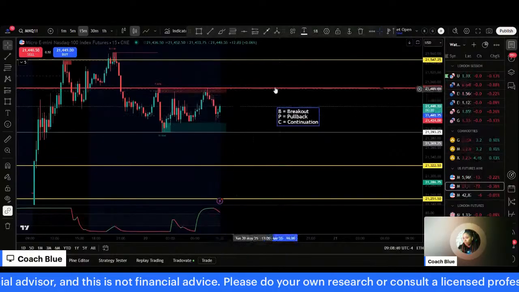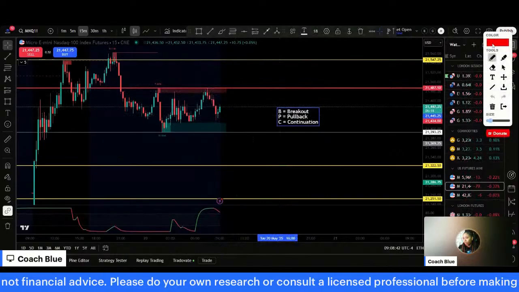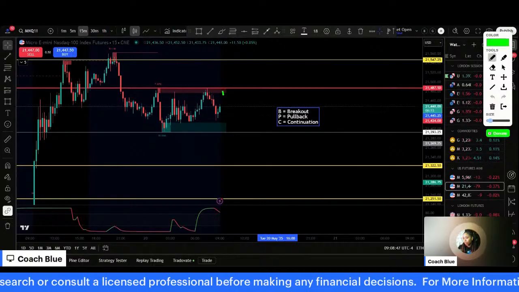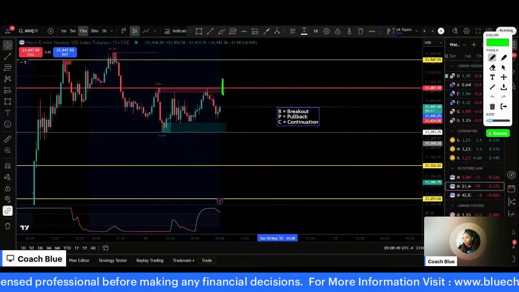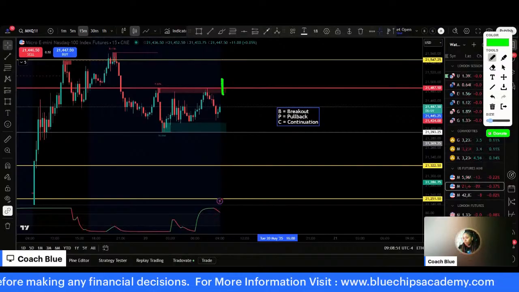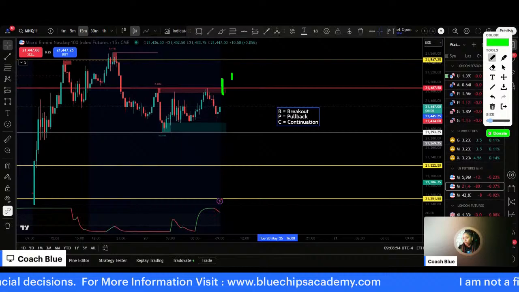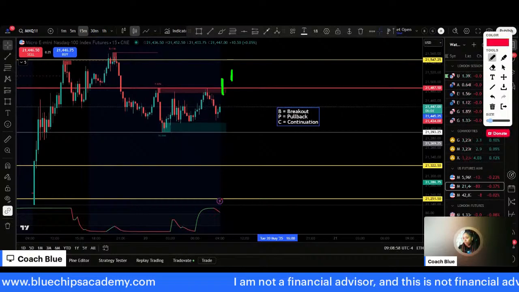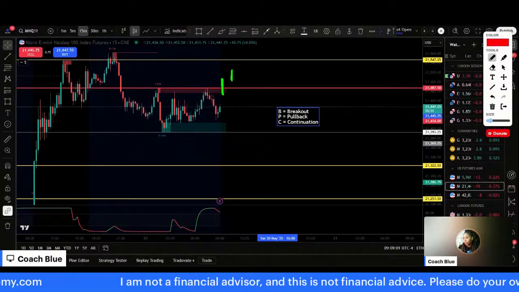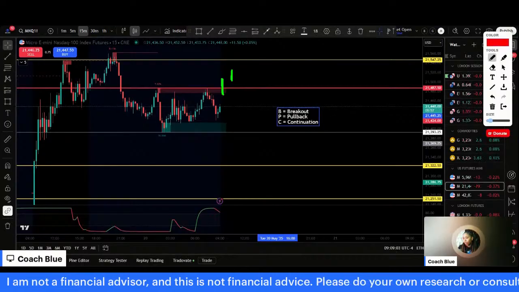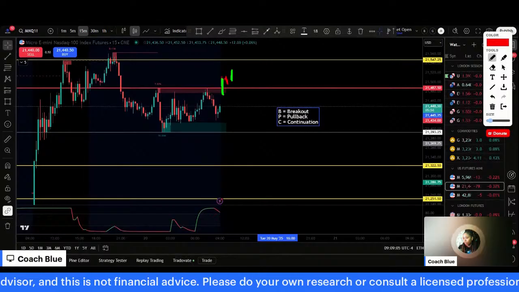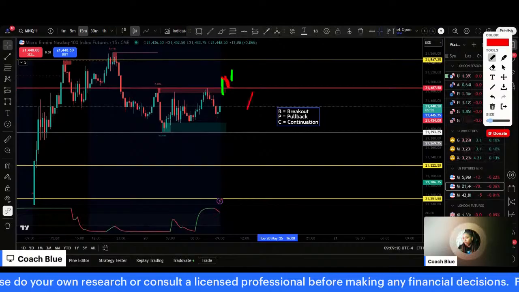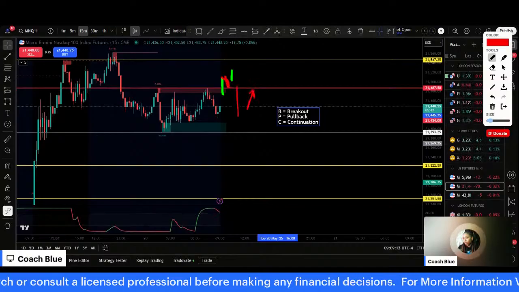So when price gets to this level right here, if we get a strong bullish candle that breaks out of here, right? And then let me just draw this here. And then we get a strong bearish candle that pulls back here, but it uses this level right here as support instead of coming all the way back down.